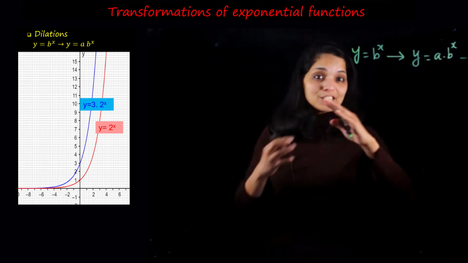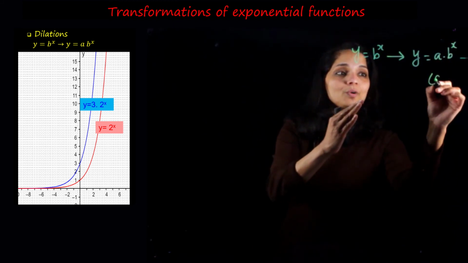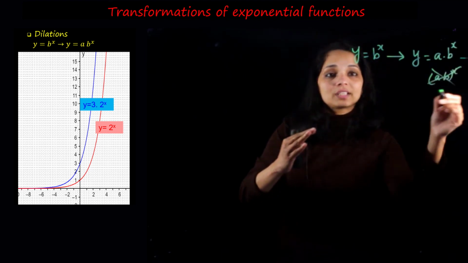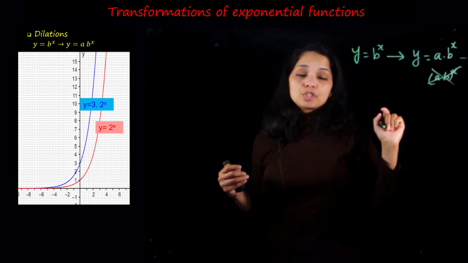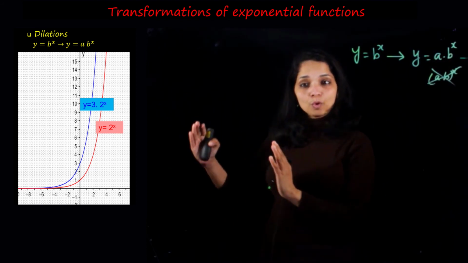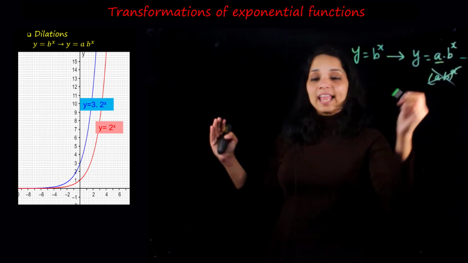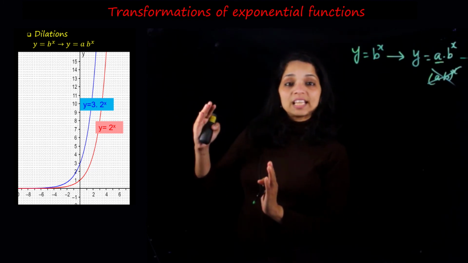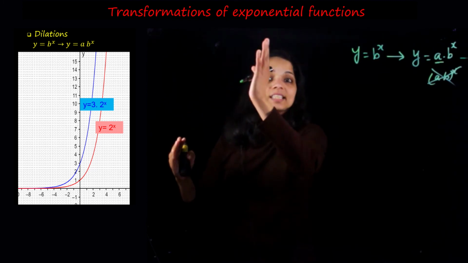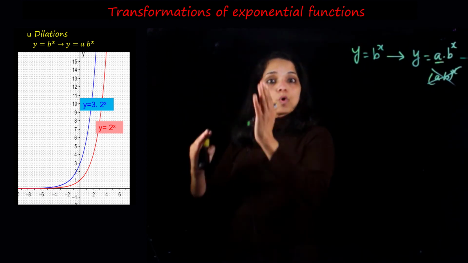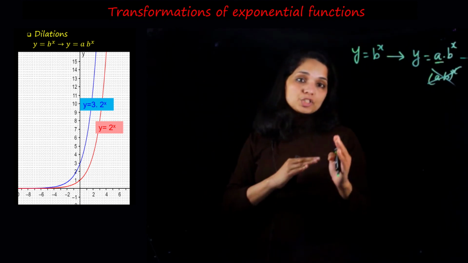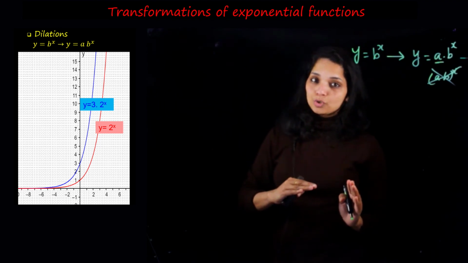This is not a times b, the whole power x, that's not correct. This is simply a coefficient a in front of b to the power x. And you can see that the blue one, which has a as 3, is dilated from the x-axis by 3 units. So it is increasing more quickly compared to the parent function y equals 2 to the power x.